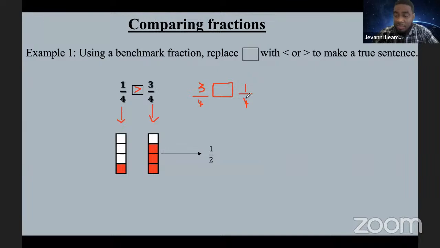Comparing a quarter and 3/4. So we have 3/4. We put something right here and we have a quarter right here. Now I'm asking, what sign would I put right here? Let me erase the earlier one. What sign would I now put in this one that I drew on the screen?